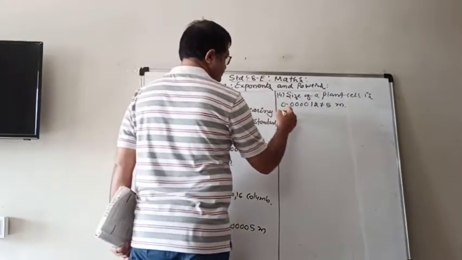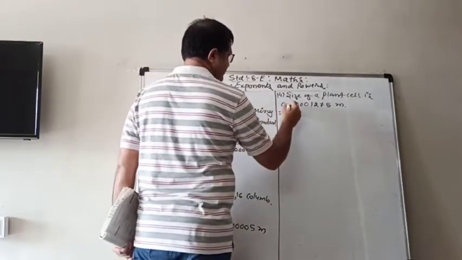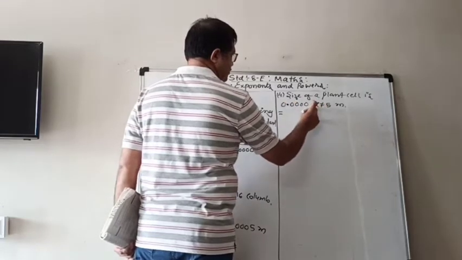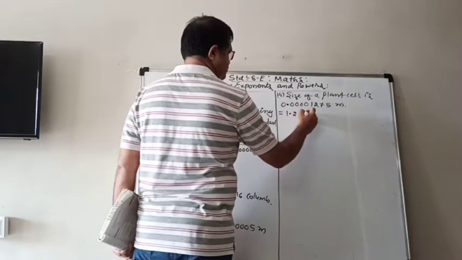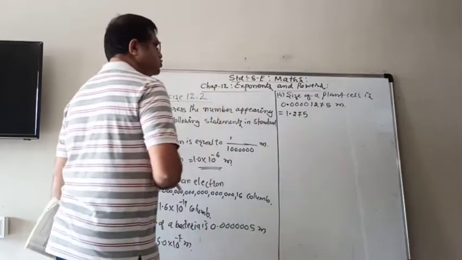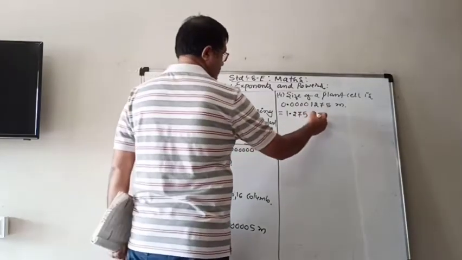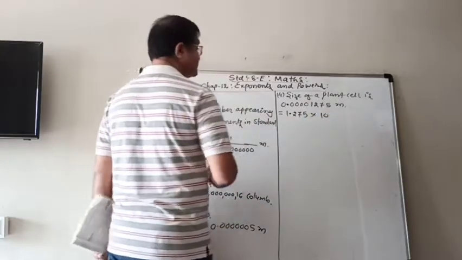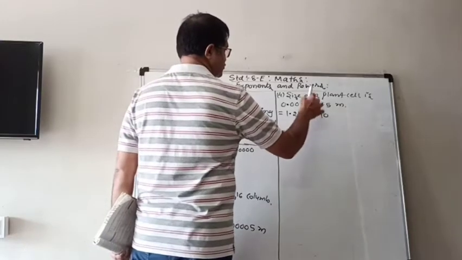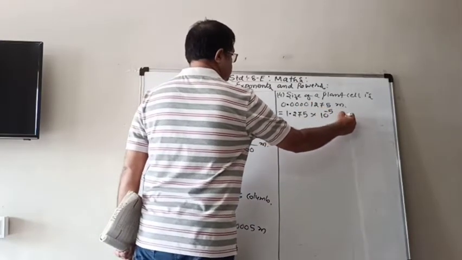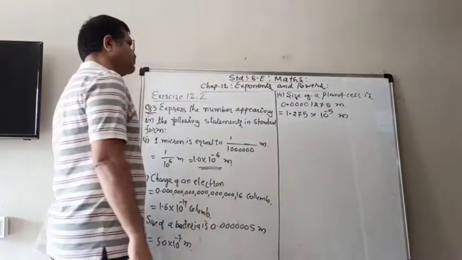So now we need to move the decimal point after 1 because 1 is the first non-zero integer. So 1.275 multiplied by 10 raised to how much? So 4 zeros and then another 1 place of 5. So 10 raised to minus 5 meter.